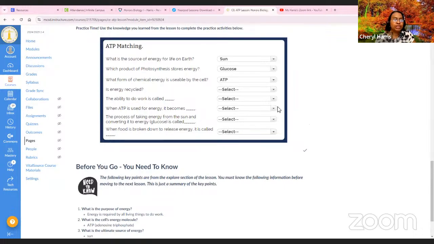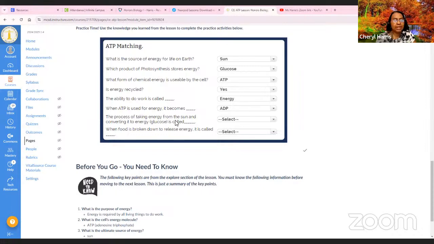Is energy recycled? Yes, it is, because that was the whole point of our little diagram with the ATP, the ADP back to ATP. Ability to do work is how we define energy. When ATP is used for energy, it becomes ADP because it loses one of the phosphate molecules.